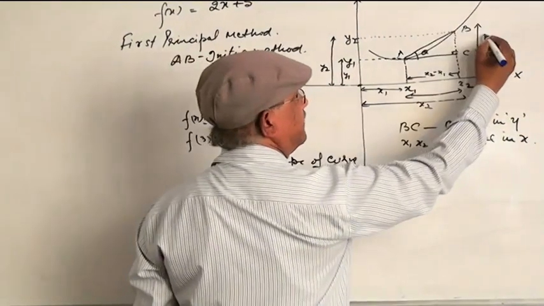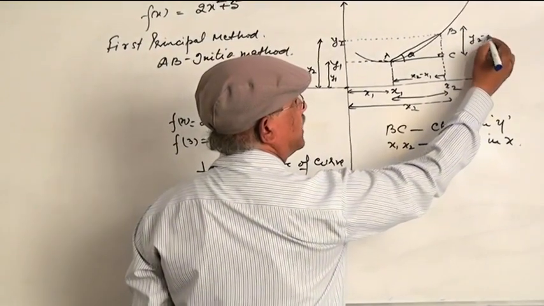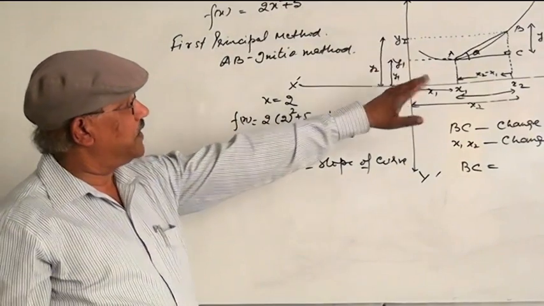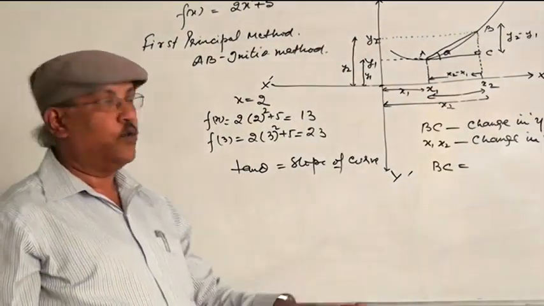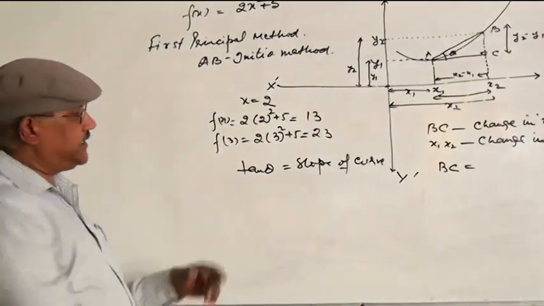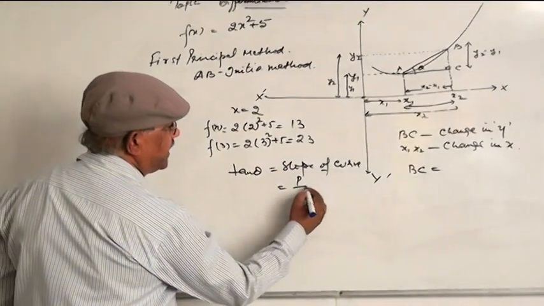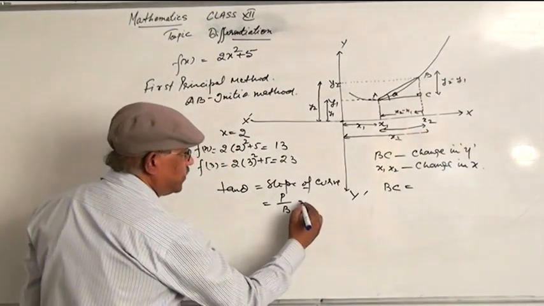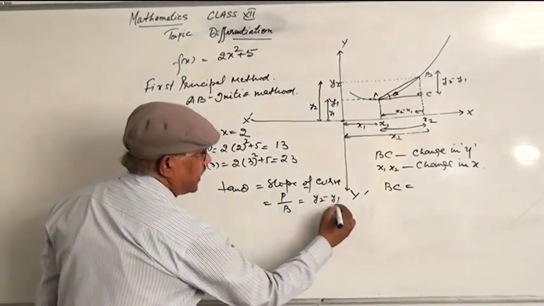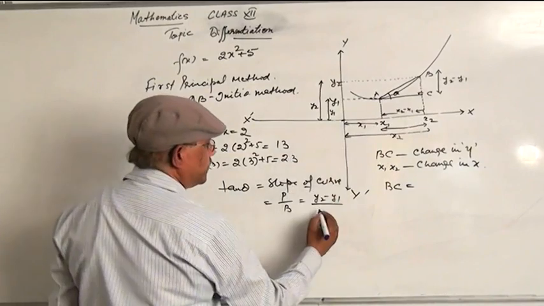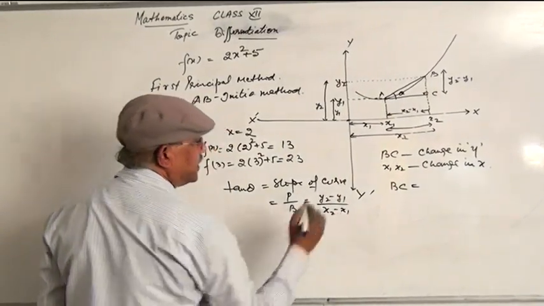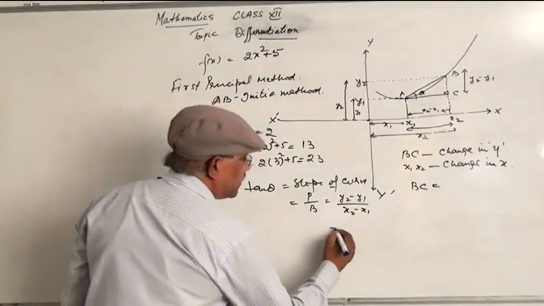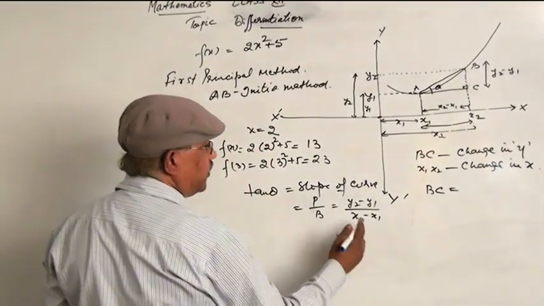It's okay? y2 minus y1, x2 minus x1. Now what do we have to calculate? Tan theta. As you know, tan theta is perpendicular upon base. What is the perpendicular over here? y2 minus y1 divided by x2 minus x1. This is called the slope.